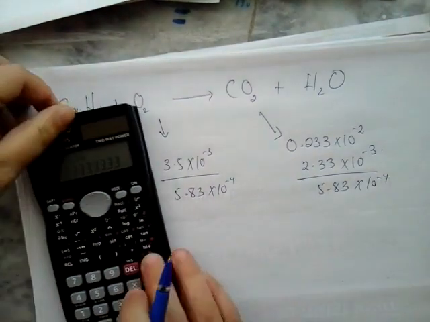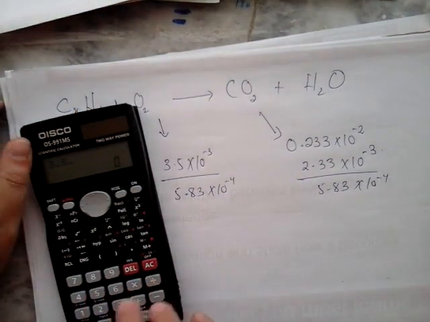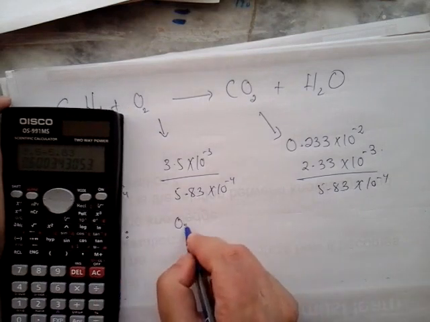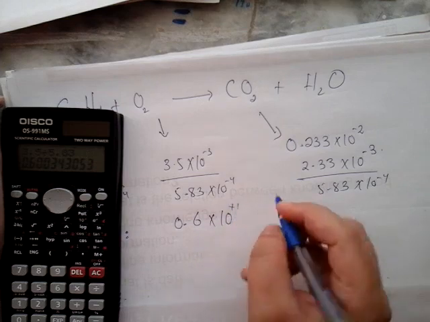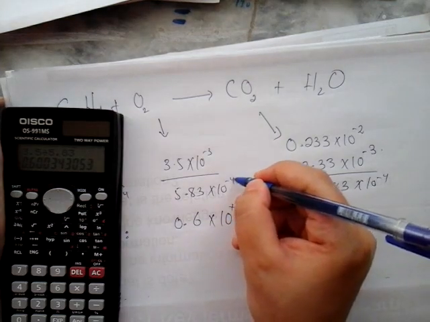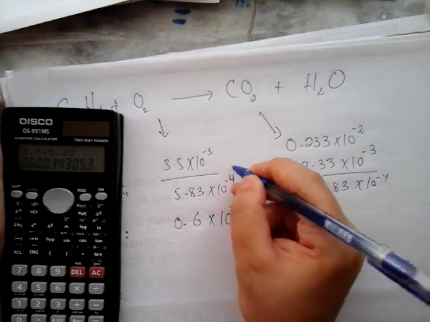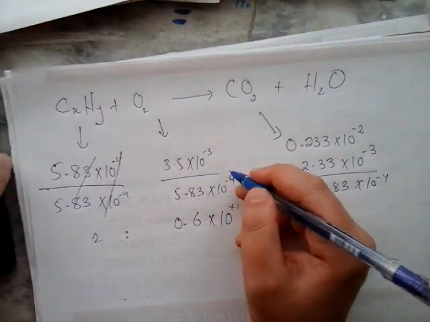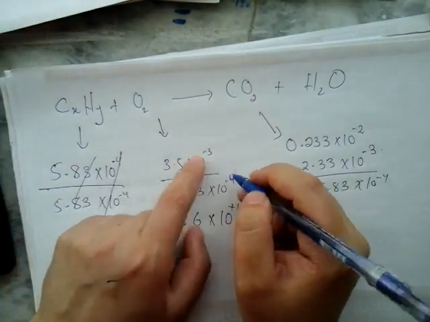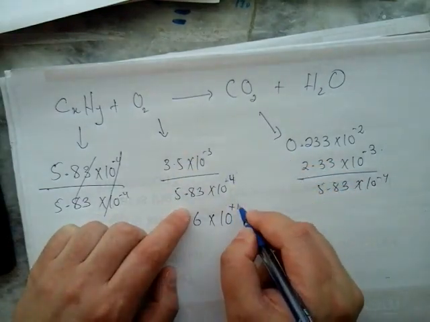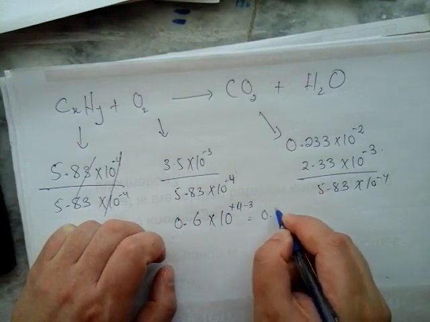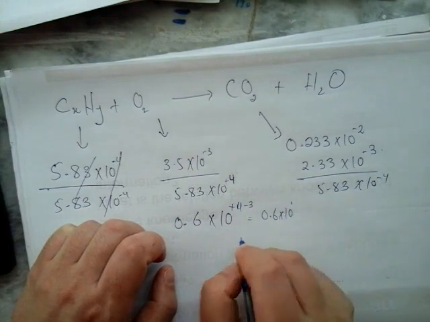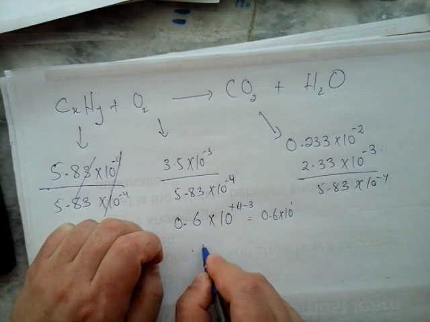Then 3.5 divided by 5.83 is 0.6 into 10 raised to power plus 1, because the minus 4 moves to the numerator and becomes plus 4 minus 3, so 0.6 into 10 raised to power 1. Okay, so it comes out to be 6.